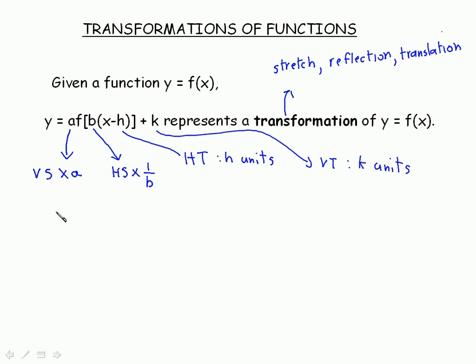A couple other things to be aware of. If A is negative, so if A is less than 0, then there's a reflection, the function is reflected in the x-axis.